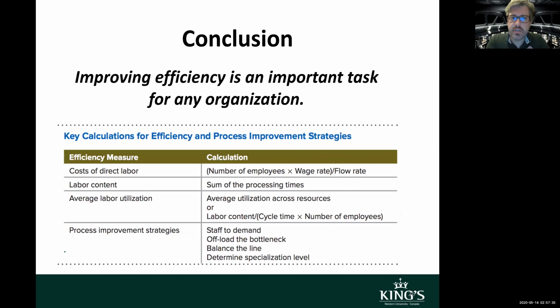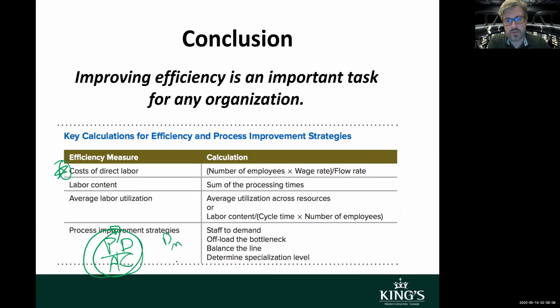So in conclusion, there are quite a few key calculations for efficiency, and there's a whole bunch of process improvement strategies. And I would like to point out that there are linkages to finance, and there is an infinite amount of process improvement and continuous improvement that can be done within your operations.